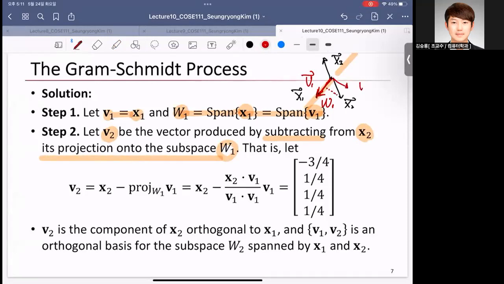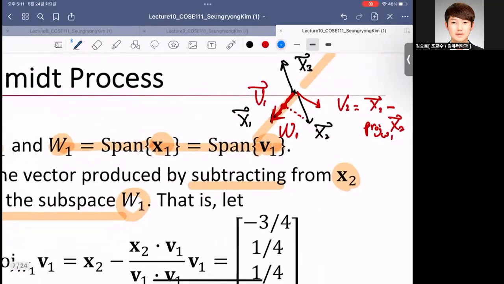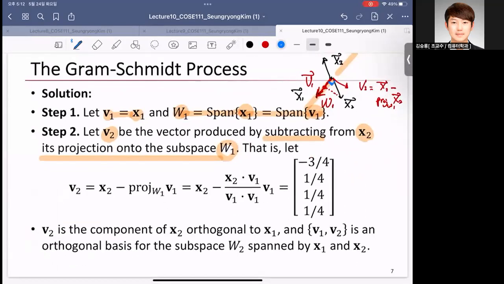This vector v2 becomes x2 minus p, where p is the projection of x2 onto W1. Then v1 and v2 can represent any vector spanned by x1 and x2. So x1, x2 and v1, v2 can be bases for the same subspace, right? So this is our next strategy.